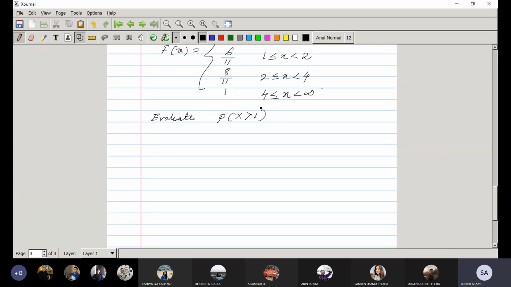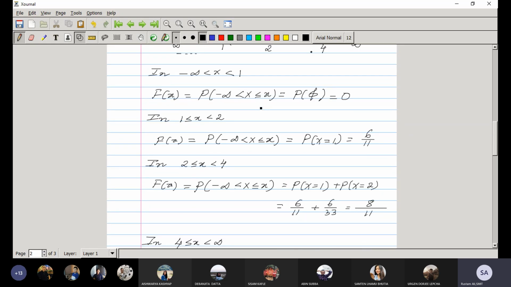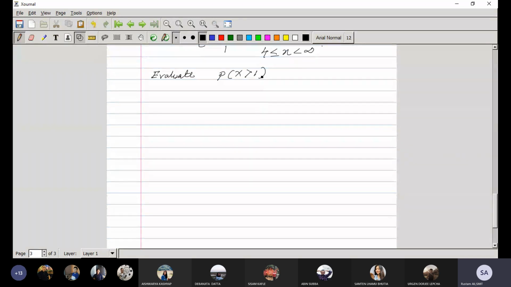So what are the points that satisfy the condition x greater than 1? Probability at x equal to 2, and since the equality sign is not there, that will be probability x equal to 2 plus probability x equal to 3.